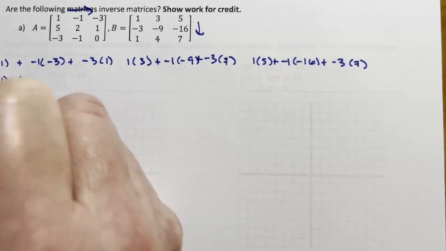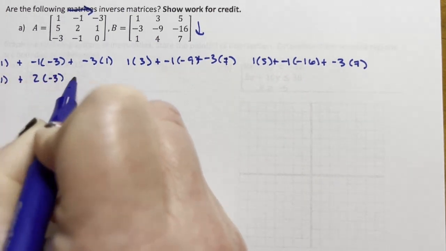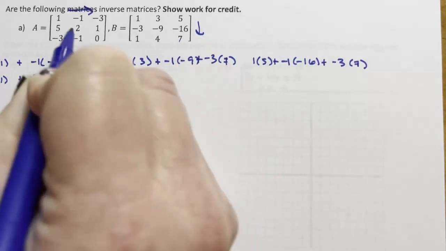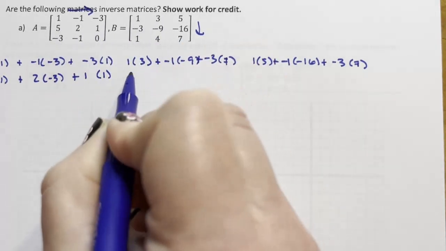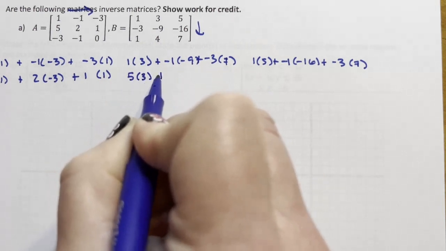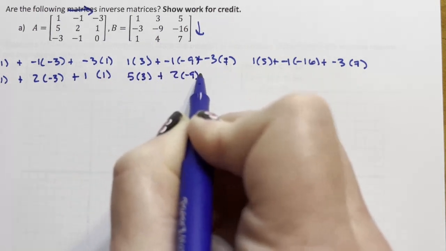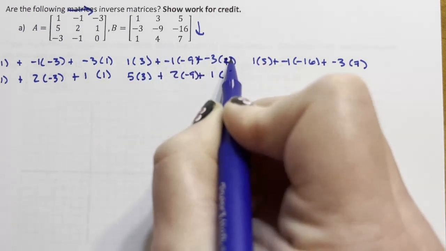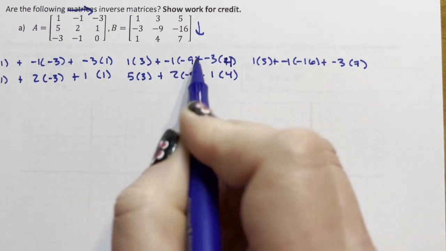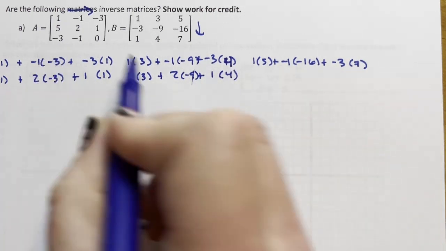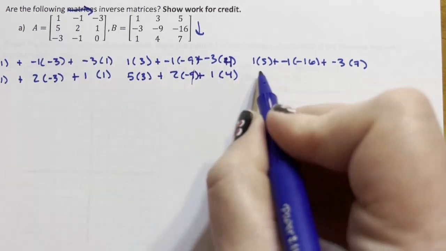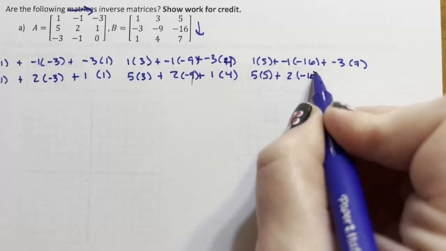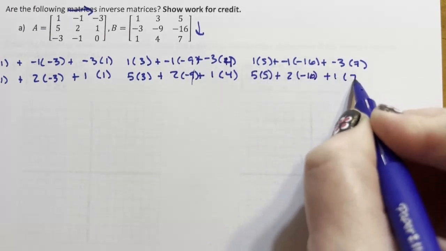5 times 1 plus 2 times -3 plus 1 times 1. Second column, second row. 5 times 3 plus 2 times -9 plus 1 times, it should be a 4. It's the other reason I like to set up before I multiply. I double check everything. 5 times 5 plus 2 times -16 plus 1 times 7.